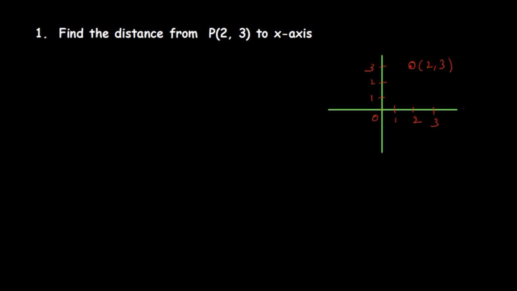So this is x-axis. From here it has 3 units. So this point 2, 3 is 3 units distance from x-axis. That means when we take P 2, 3 as a point, they are asking from x-axis, you can focus on y coordinate.